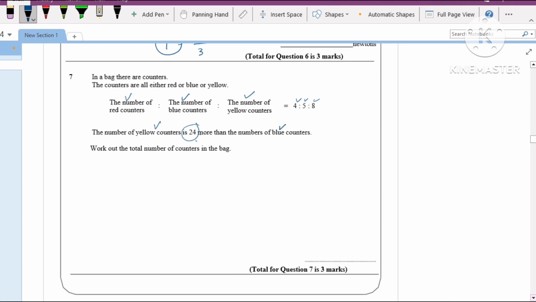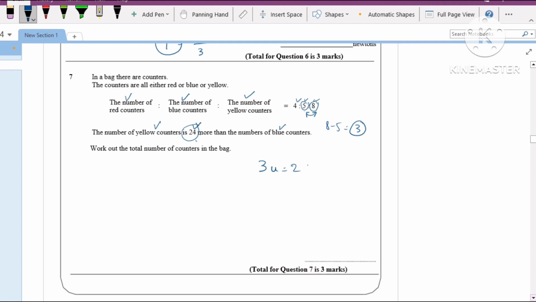The parts for the yellow counter is 8 and the part for the blue counter is 5. So we can see clearly that the yellow counters have 3 parts, 8 minus 5, that is 3 parts more than blue counters. So these 3 parts, 3 units, are actually equal to 24.